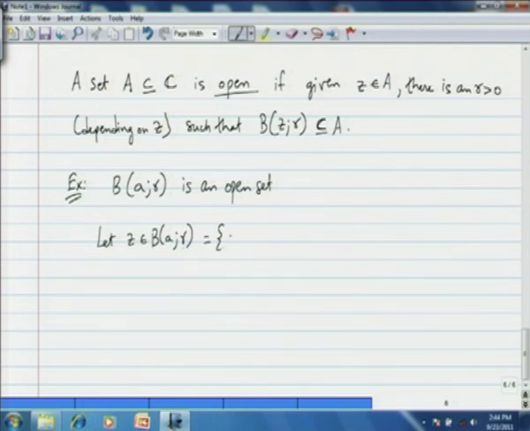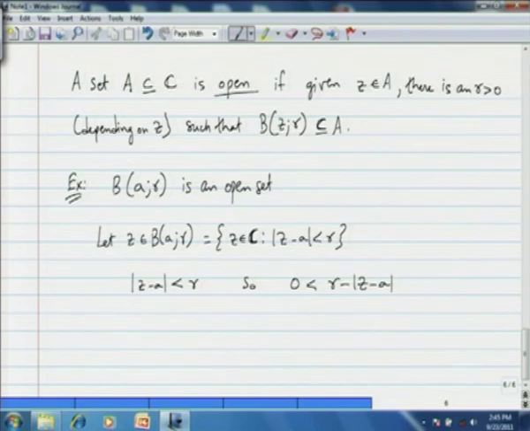Recall, this is the set of all complex numbers which are at most R away from the complex number A. If we pick a Z belonging to such a set, then we know that the absolute value of Z minus A is strictly less than R. So that 0 is strictly less than R minus the absolute value of Z minus A. Since R minus the modulus of Z minus A is strictly positive, we can pick a number between this number and 0.